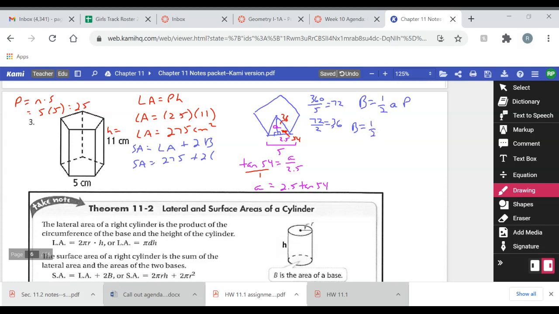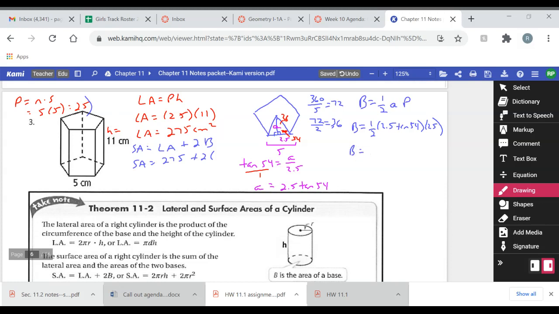So over here, for area of the base, I've got 1/2 times the apothem, 2.5 tangent 54, times the perimeter of the base, which I already did. I already used that over here and found that it was 25. So that's not changing. I don't need to do that work again.